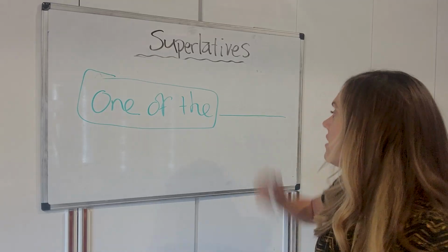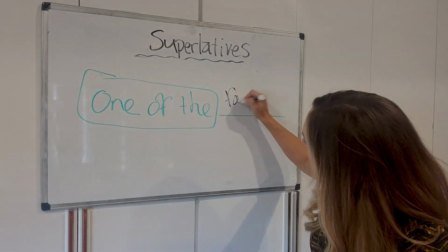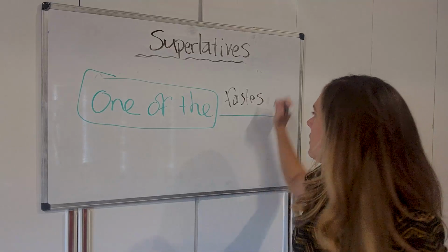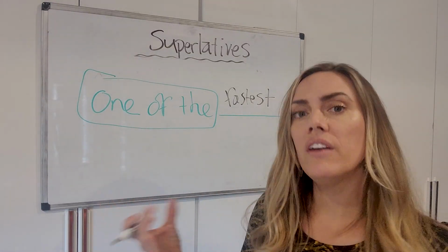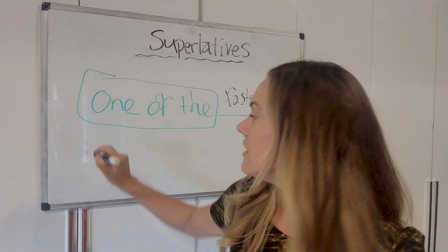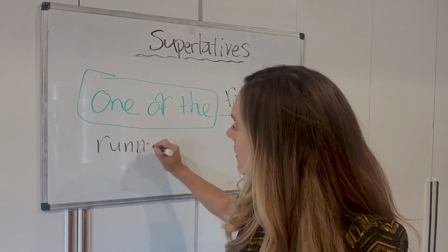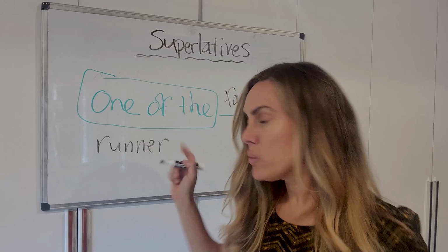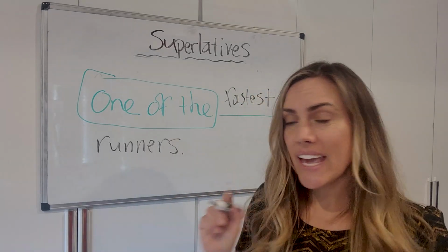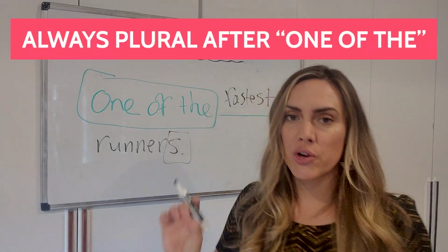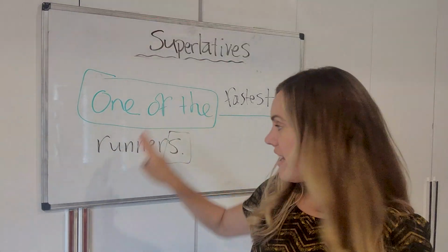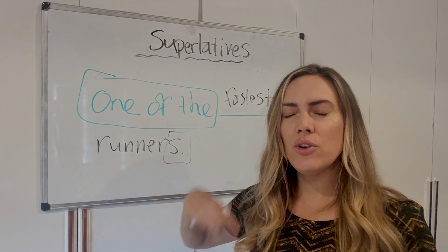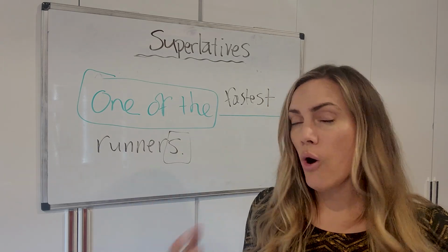One of the fastest, and then you use the thing you're talking about. One of the fastest runners. In this case, it's always plural. Whenever you say one of the, and then you use a noun later, you have to make it plural, always.